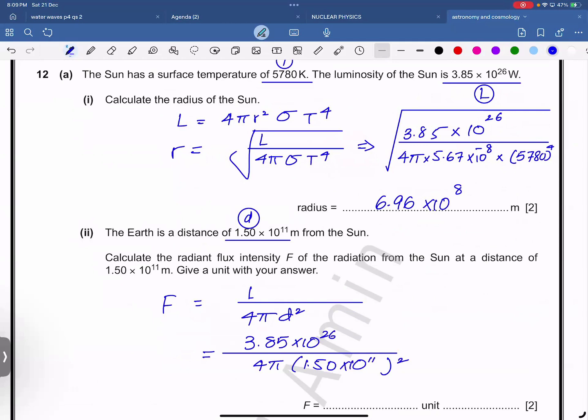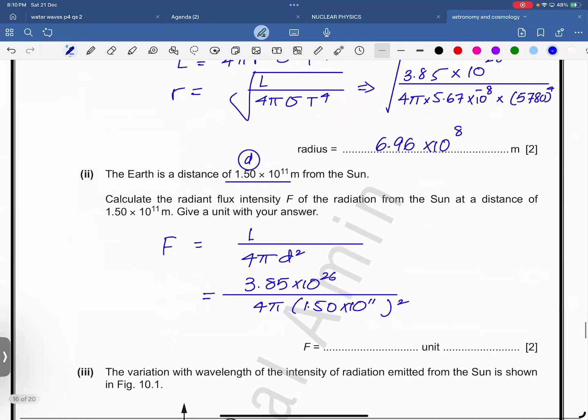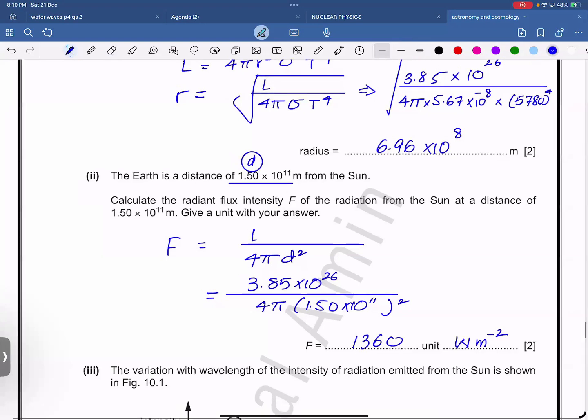Calculate, my dear students. 10 to the power how much? Watt per meter square.